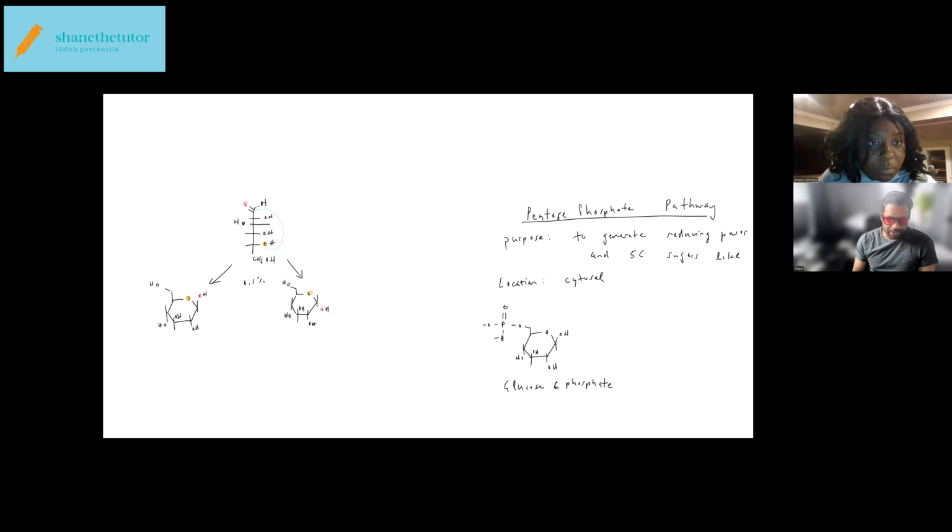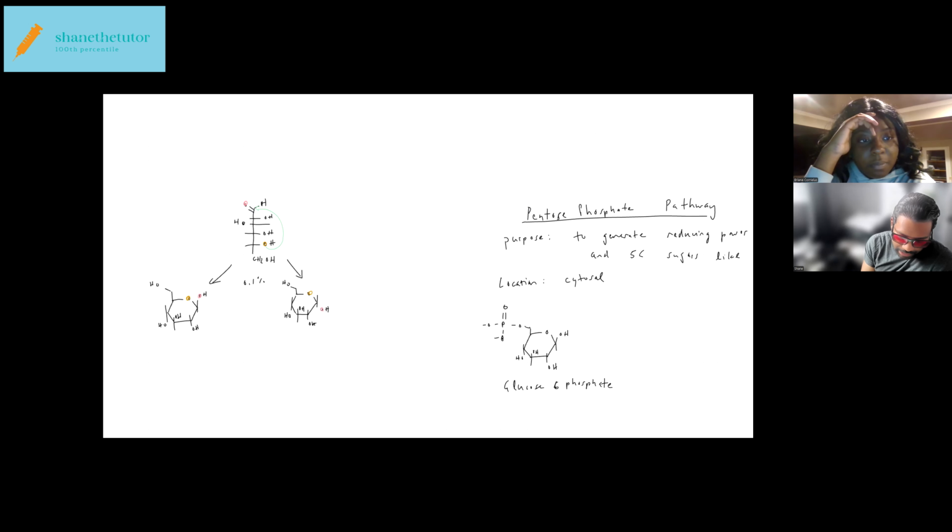Now you see, okay, so the anomeric carbon is this one. When it forms the ring, this hydroxyl group could be upwards, or you see how the sixth carbon here is upwards, right?